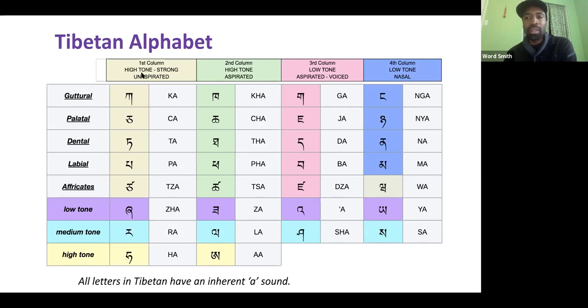But in certain tonal languages like Mandarin Chinese, Cantonese, Tibetan, Vietnamese, if you don't get the tone right and you still get the phoneme right, like if I say ka as opposed to ka in Tibetan, it's 2 different meanings.